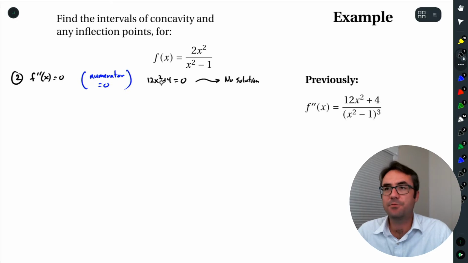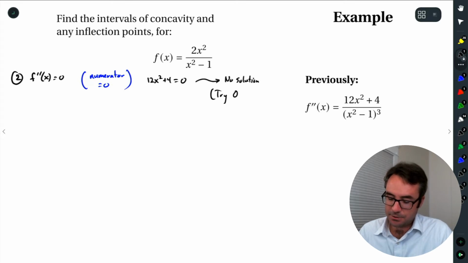Why? Well, for a few reasons. x squared is positive, so 12x squared is going to be positive, and if we're adding in 4, there's no way we can add 2 positive numbers and get 0. Another way to think of it is try the quadratic formula.